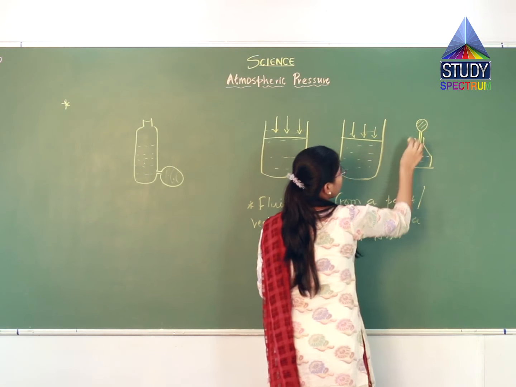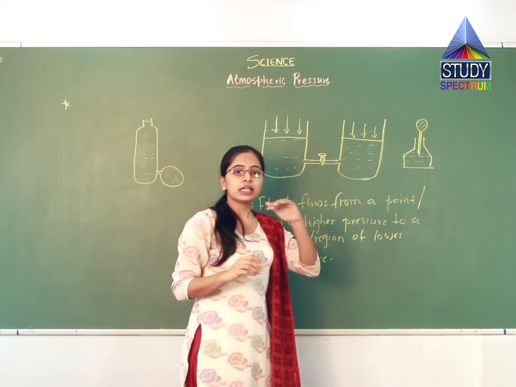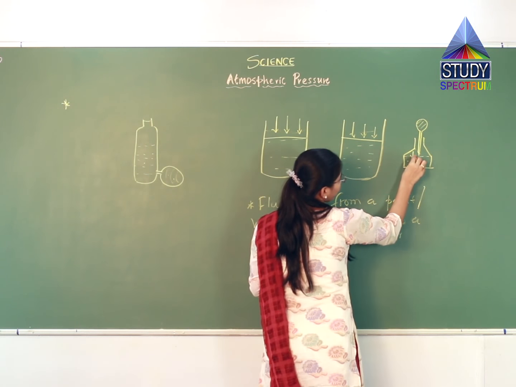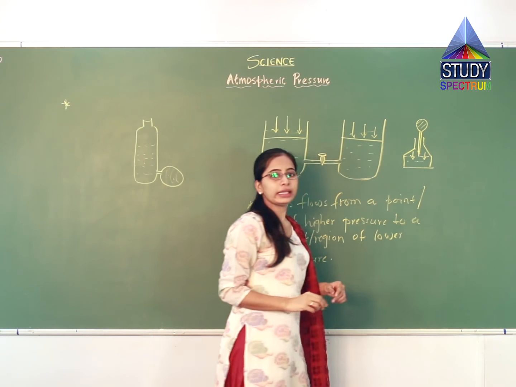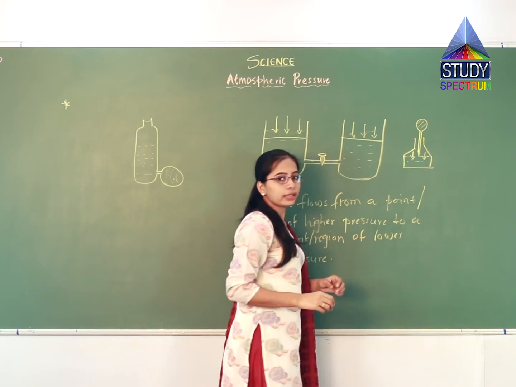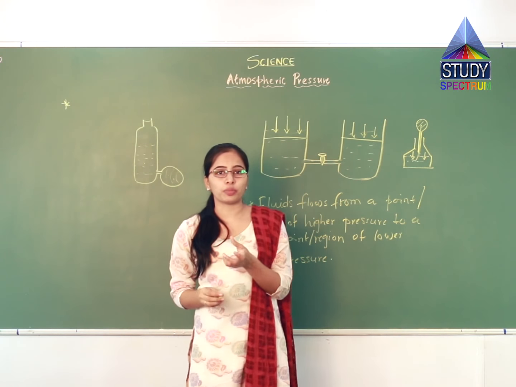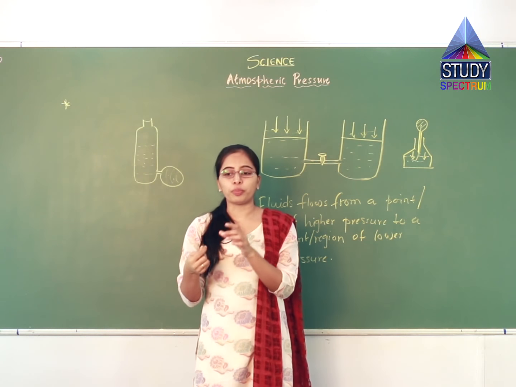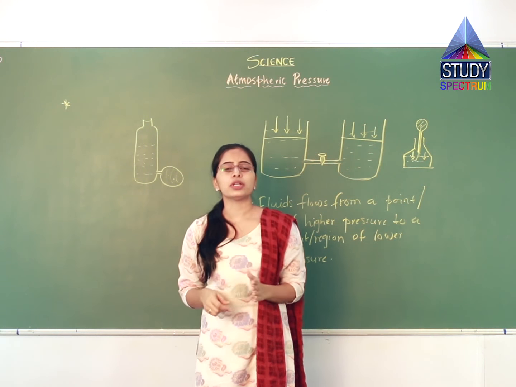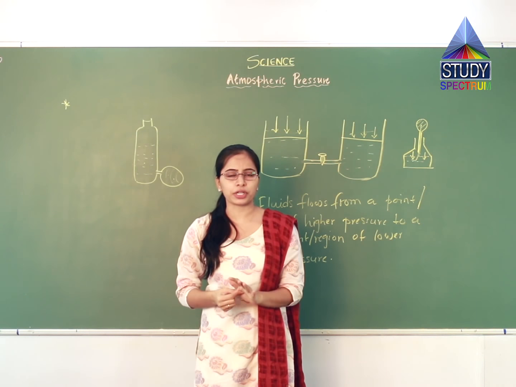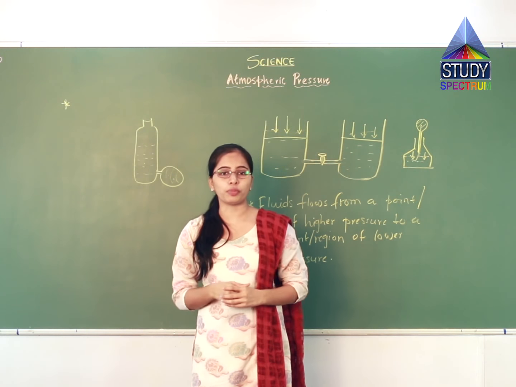There is no air inside the dropper, so air tries to move inside the dropper, but the mouth of the dropper is inside the ink, so along with the ink, air pushes in and we fill the dropper. And when we press the dropper to fill the ink in the pen, the ink goes inside the pen. So this is also an example of atmospheric pressure. If there were no atmospheric pressure, we would not be able to fill the dropper.